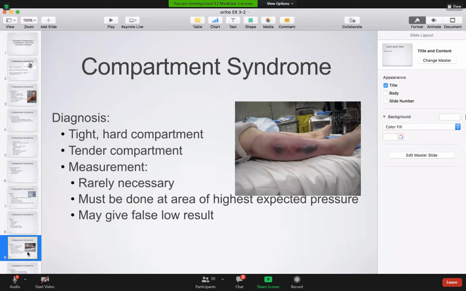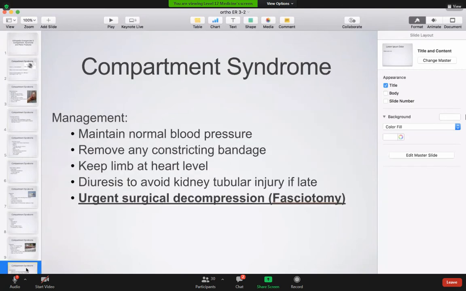As we mentioned, measurement is only indicated if the patient is having altered conscious status. And in some cases, if you have a borderline presentation, you can confirm with the measurement.